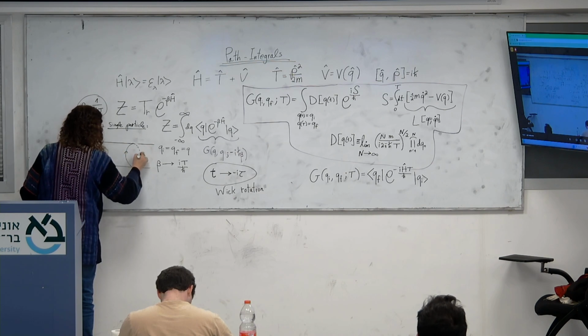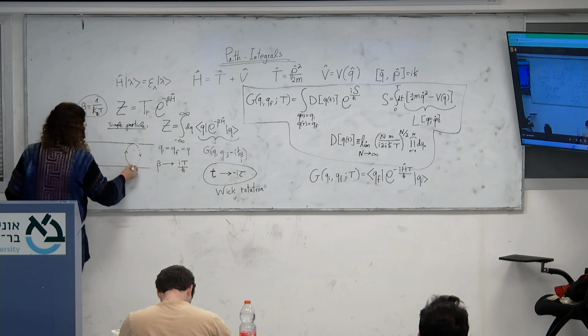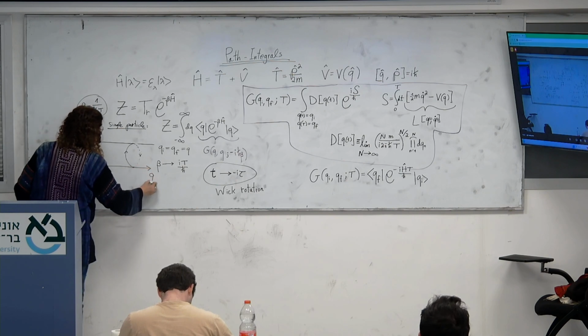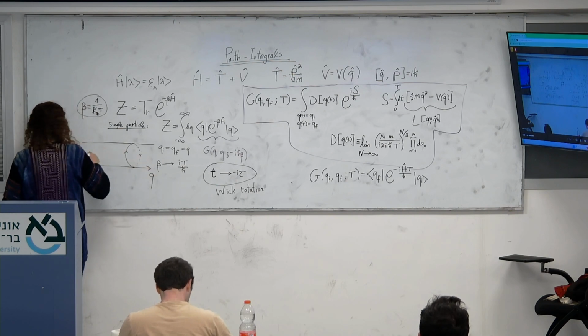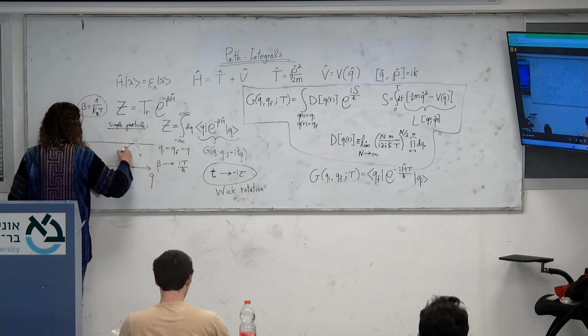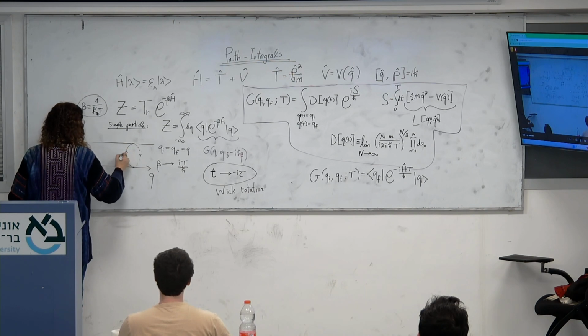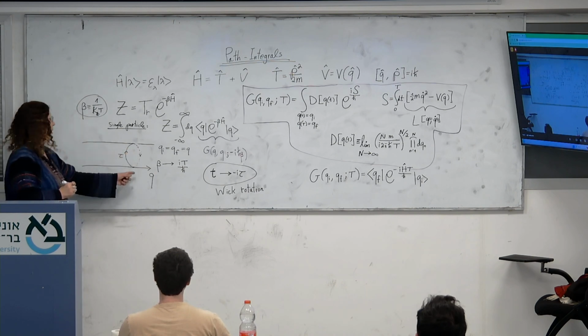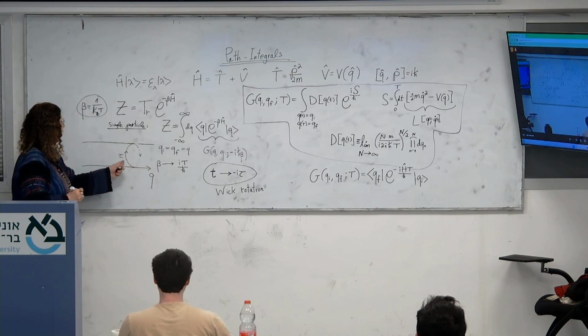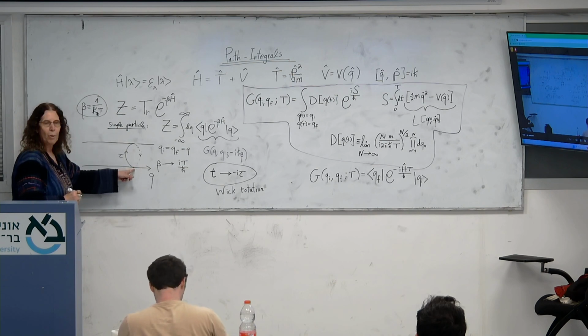So we're starting from, for each Q, this is the Q axis, and along this line, this is the tau axis. You're evolving in time, going back to the same point.